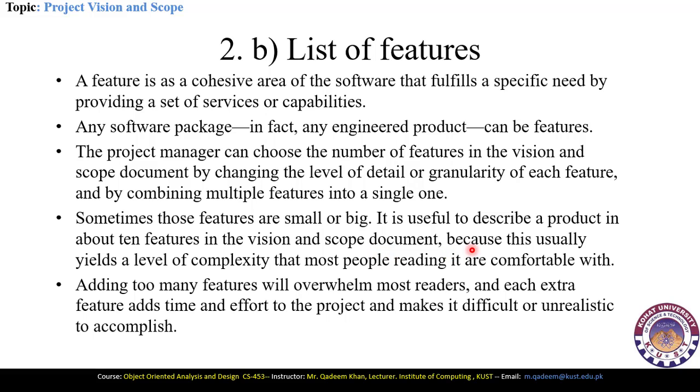But if we define more features, it will produce the problem of complexity. So one project vision and scope document cannot contain more than 10 features, because most people will read it and may be uncomfortable with it if there are more than 10 features. So that's why the list of features should be 10.